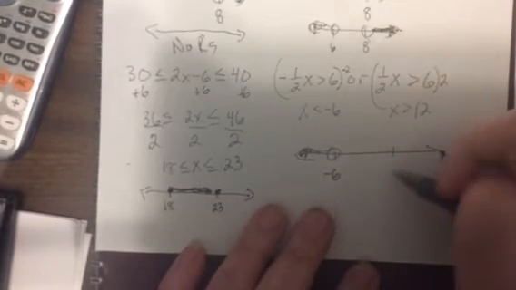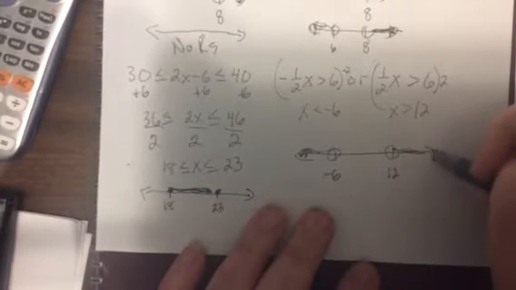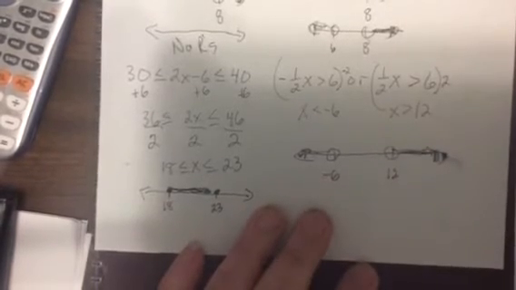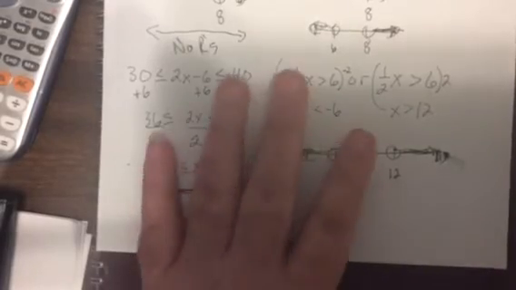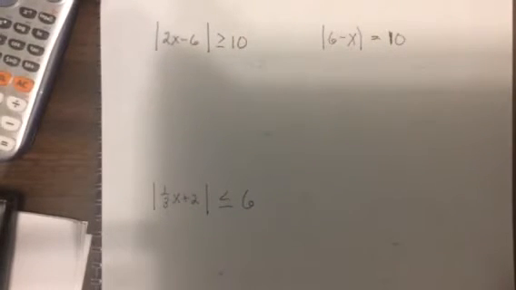Okay, here we go. Flippy, flippy, flippy. Okay. Do the top 3. That's absolute value. By the way, this is an equals. I apologize for that being sloppy. Do those 3, and then we'll go from there.